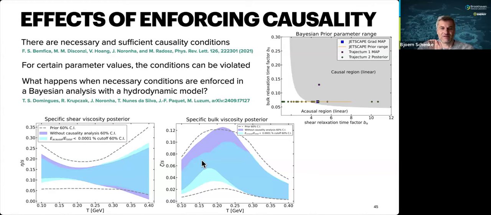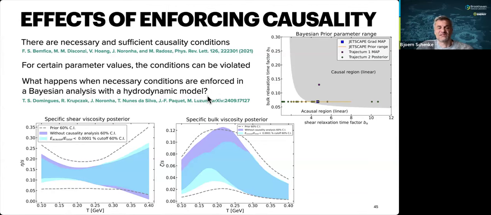However, these are still quite overlapping. But you see an overall reduction of the bulk viscosity once you enforce these conditions. So this could affect somewhat what you learn when you extract properties of the Quark Gluon plasma, whether your hydro is allowed to violate causality or not.